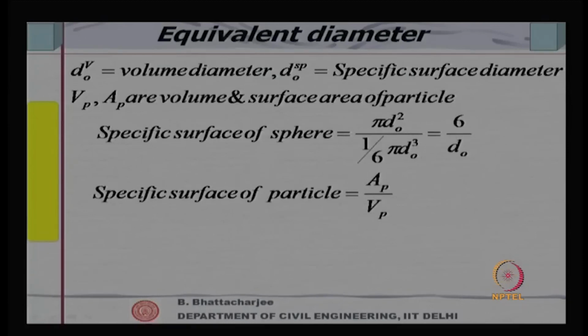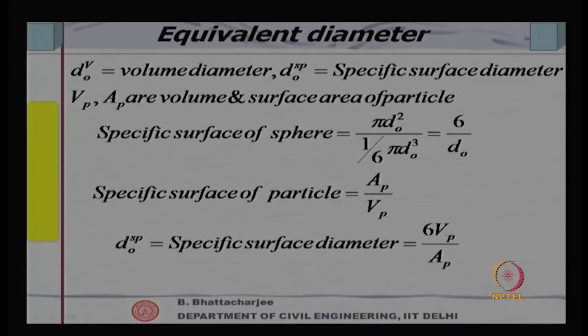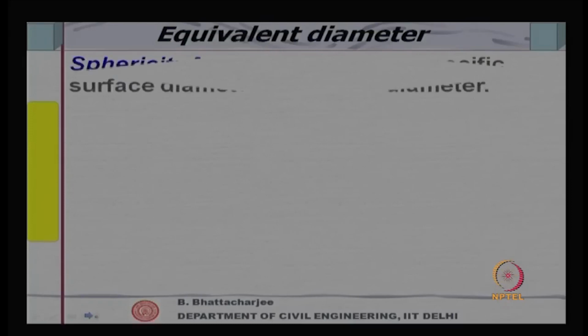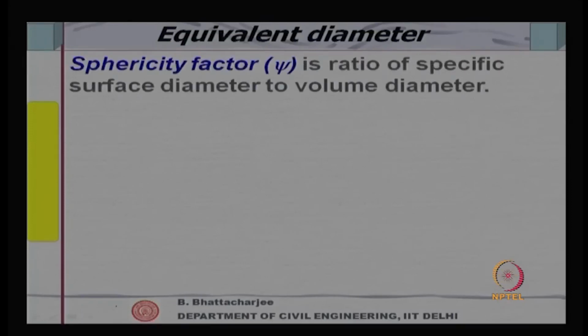So, 6 by d 0 is the specific surface of a sphere, and the specific surface of the particle is this, and if you equate these, the specific surface diameter will be 6 V p by A p. So, this is how we can find various diameters, and through this we define the sphericity factor. That is related to the shape.